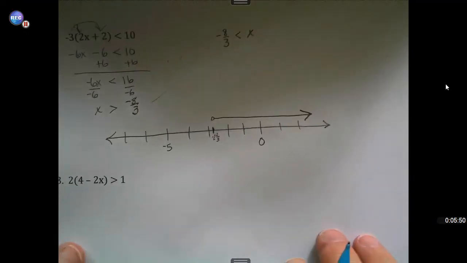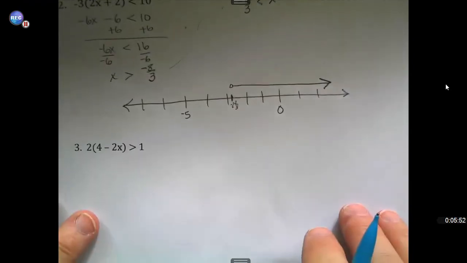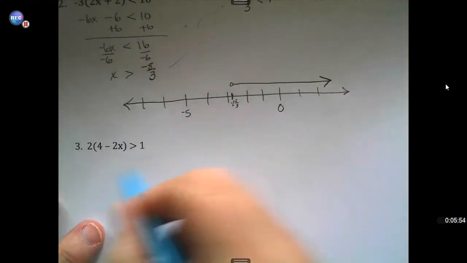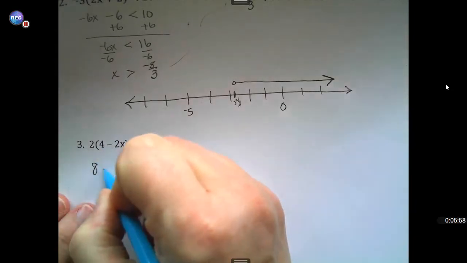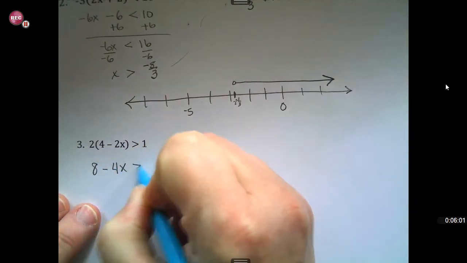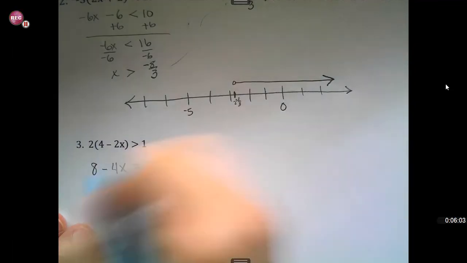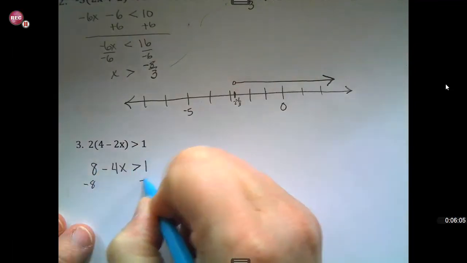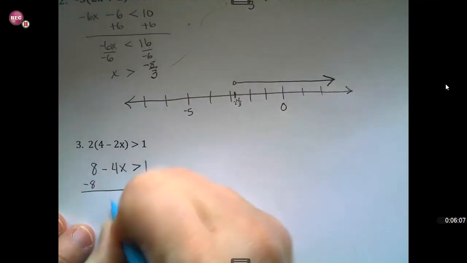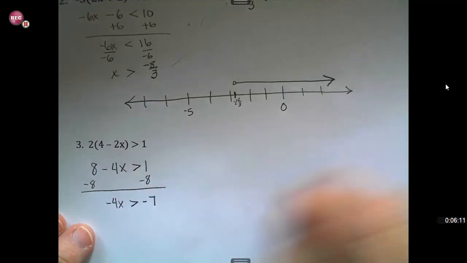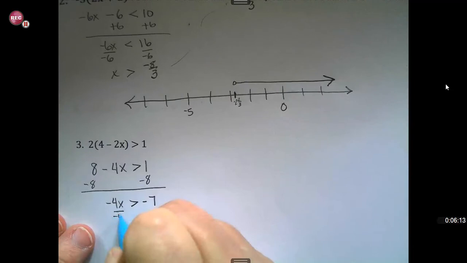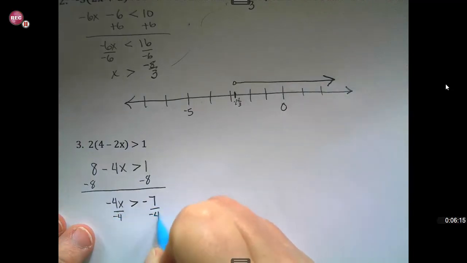So moving on here to 3. I'm going to distribute. I have 8 minus 4x. I'll subtract 8 from both sides. 4x is greater than negative 7, divided by negative 4.